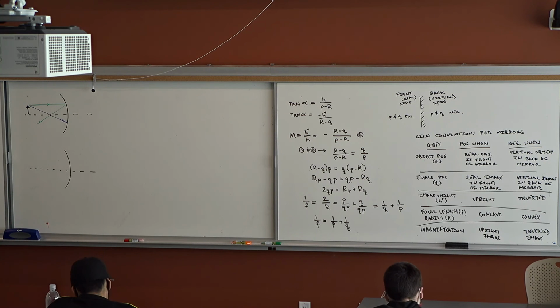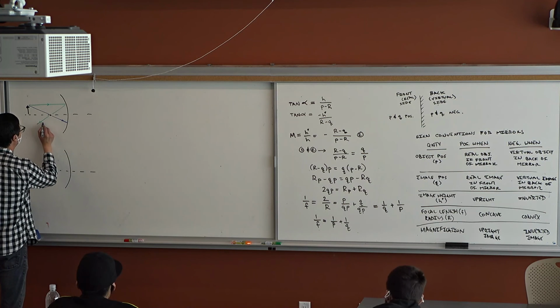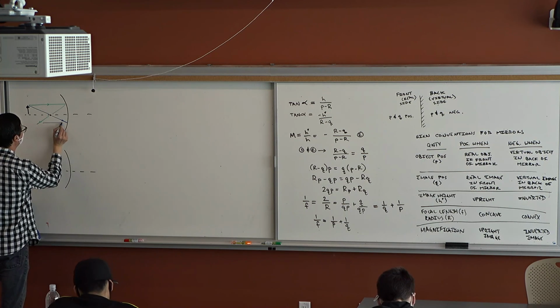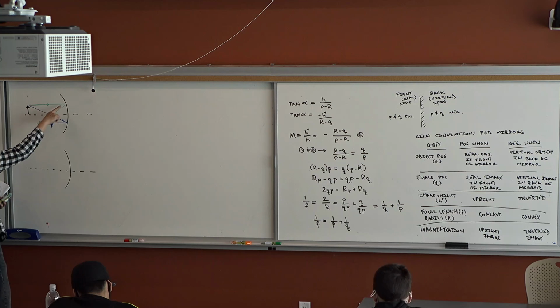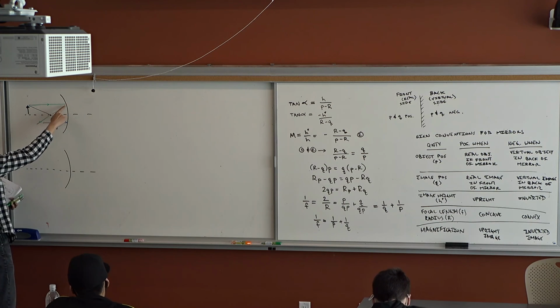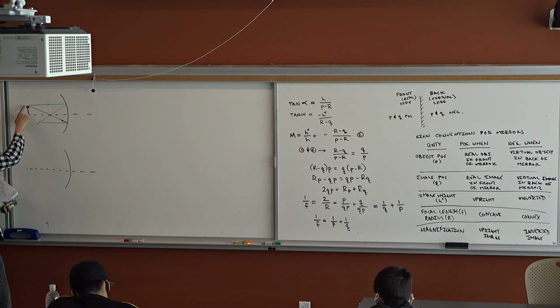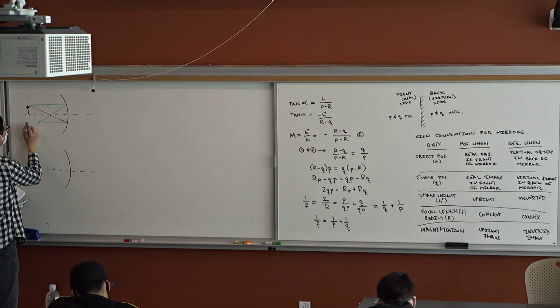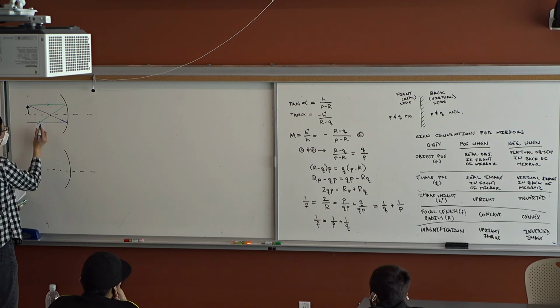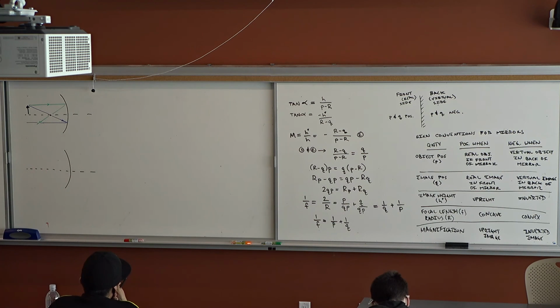Comes through the focus point on its way to the mirror. What's this one do? Exits or reflects paraxially. Right, it's kind of the opposite of this. This one came in paraxially, comes through the focus. The other one comes through the focus, comes out paraxially. We're happy-ish.